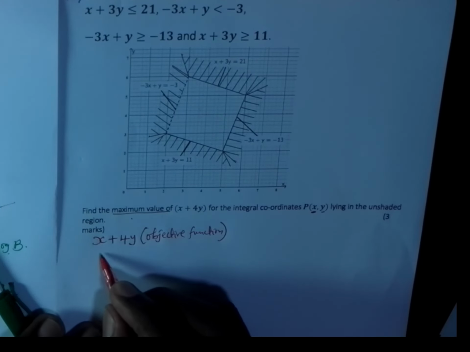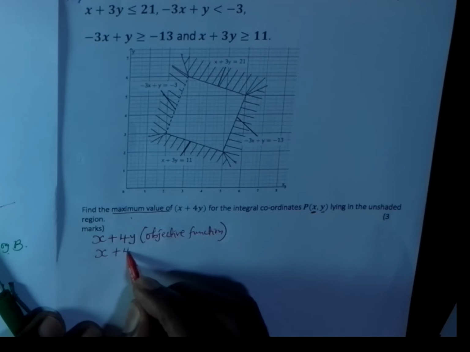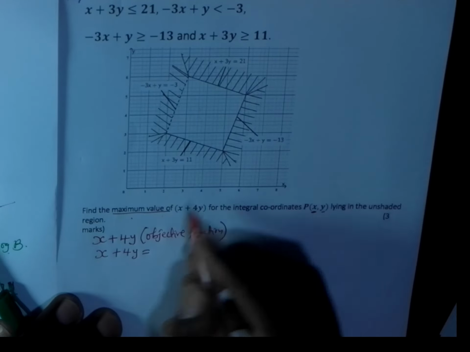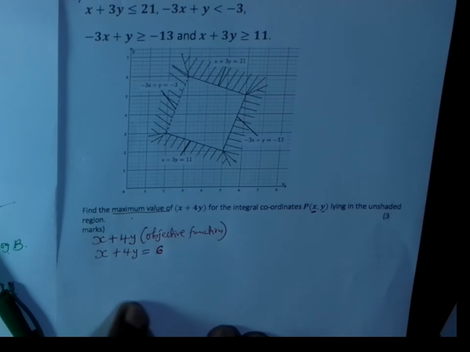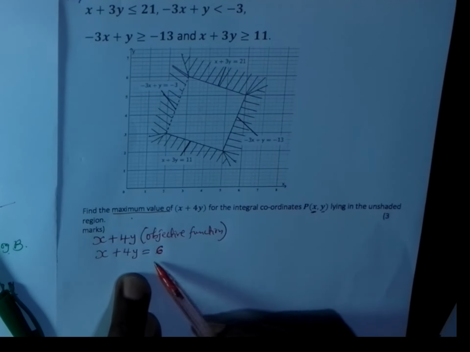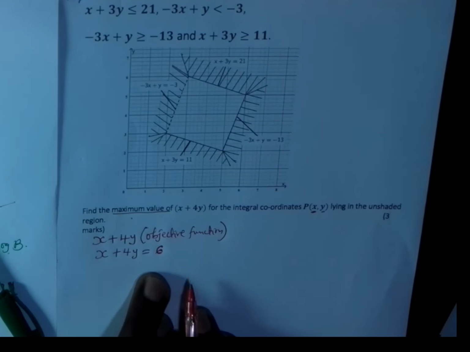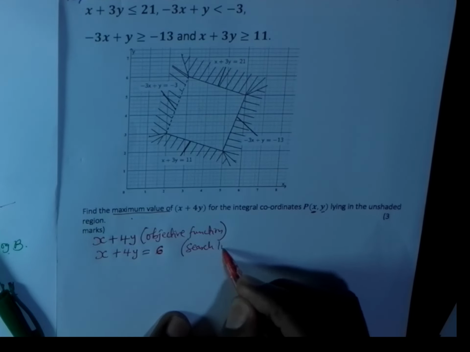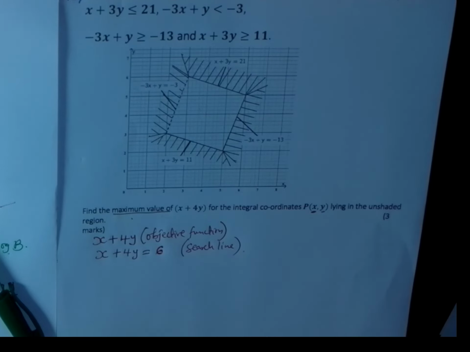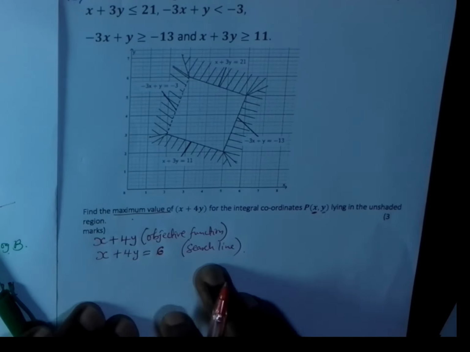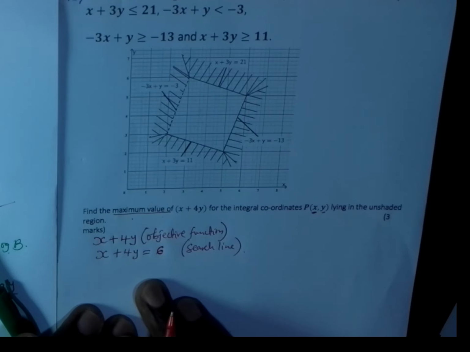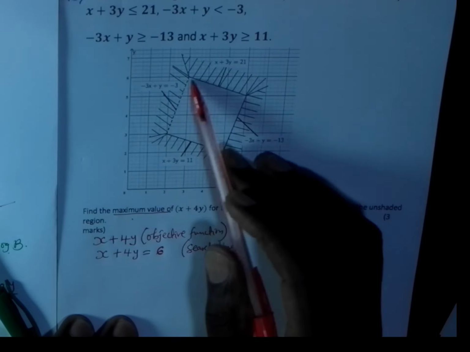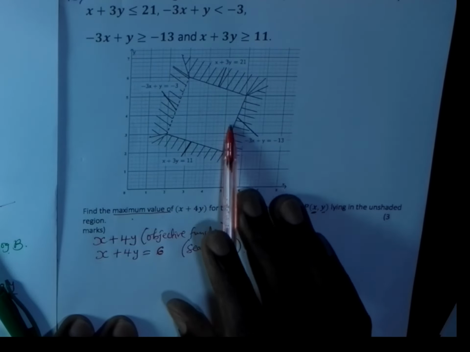Therefore, we are going to let x + 4y equal to a value, say 6, such that we should be able to draw a search line. The search line will help us draw the objective function at a particular point where it will give a maximum.